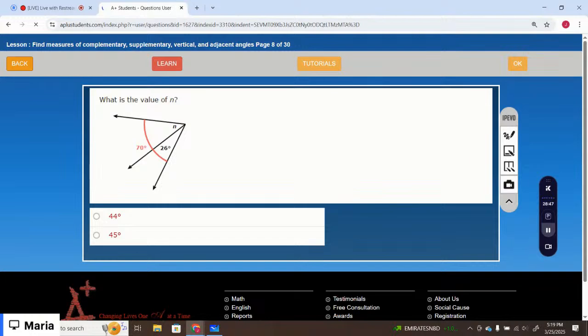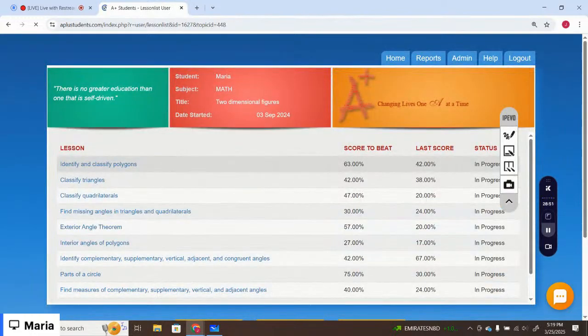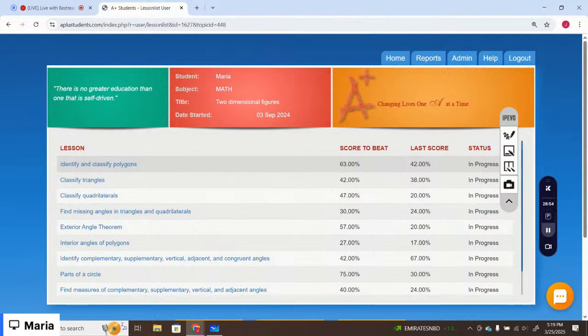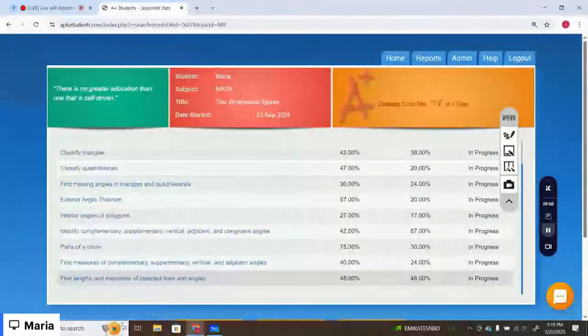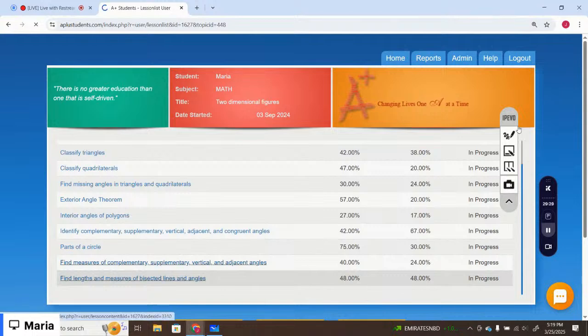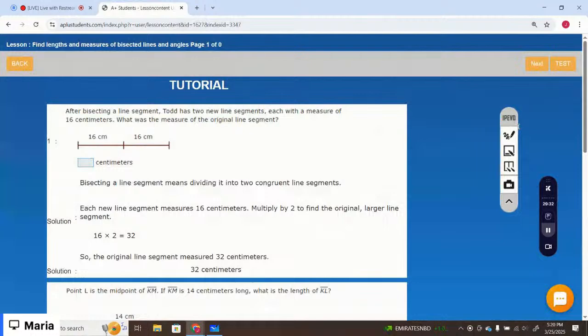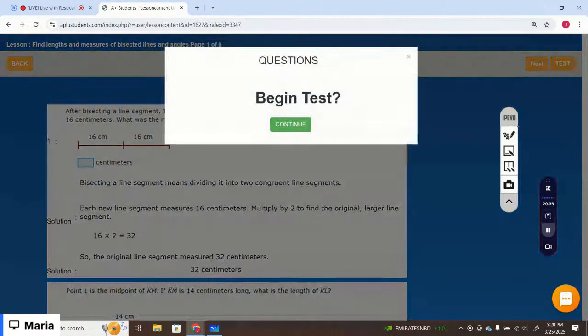The lesson is find length and measures of bisected lines and angles. Let's just start with the test questions.